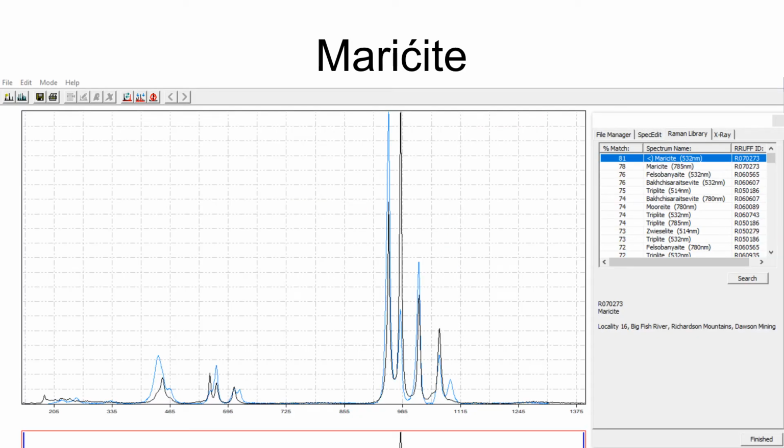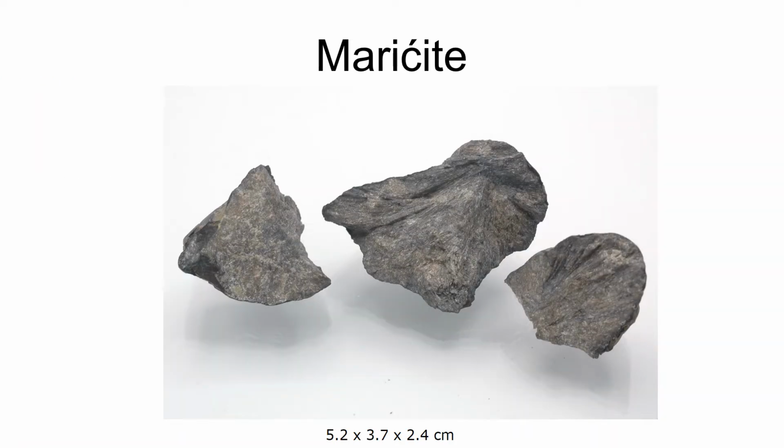Here is the Raman spectra for that particular sample, showing a strong correlation with the RRUFF reference sample of marićite from Big Fish River. Here's another example of marićite, in this case more of a brownish color and curved blades.